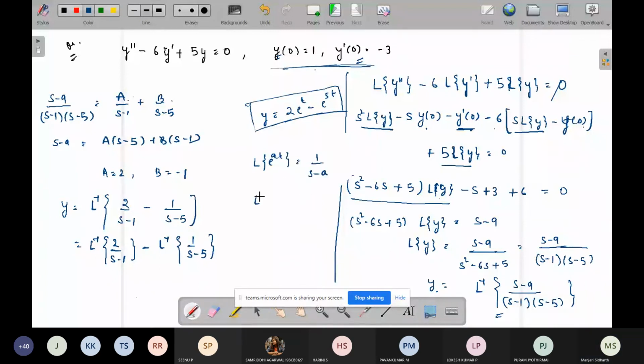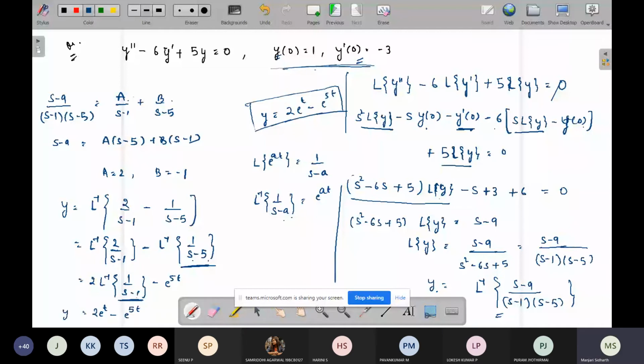That means L inverse of 1 over s minus a is nothing but e power at, right? So you can take 2 outside, Laplace inverse of 1 over s minus 1, and a is 5 here, that means e power 5t. Again it is e power t. So 2 e power t minus e power 5t. You will get the answer.